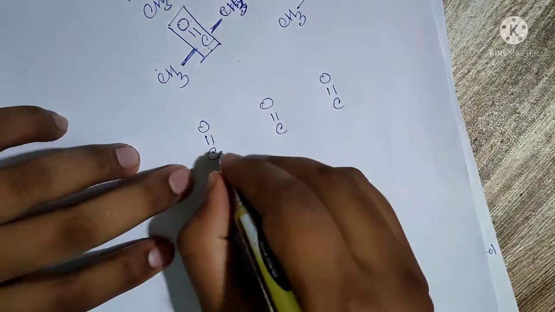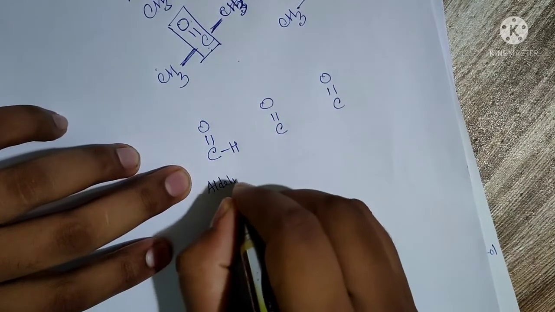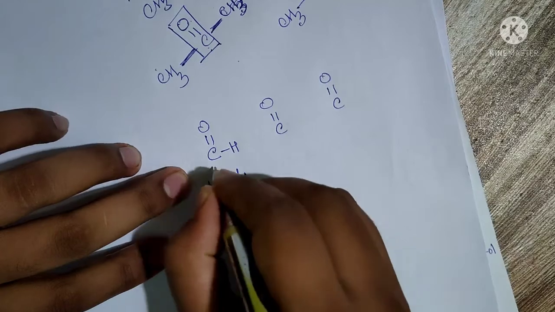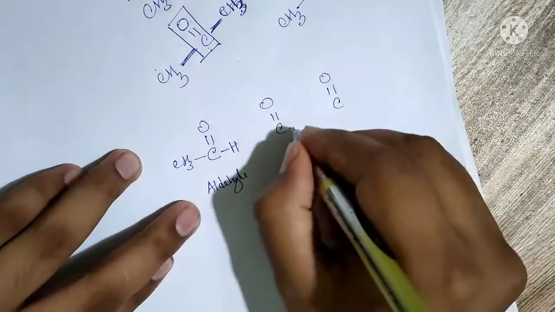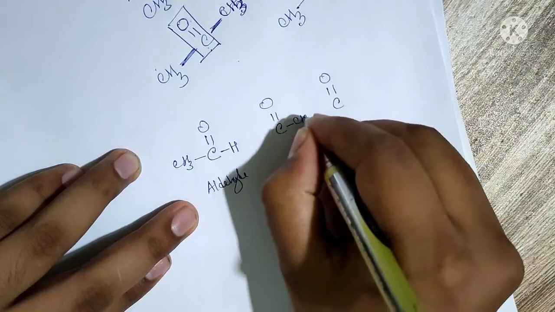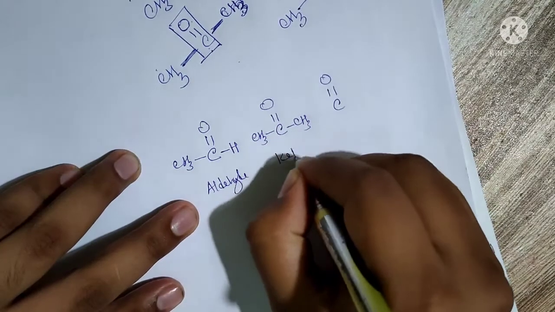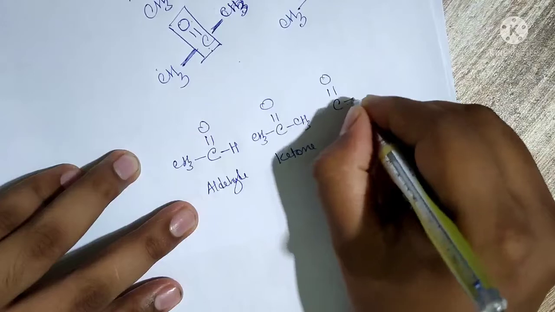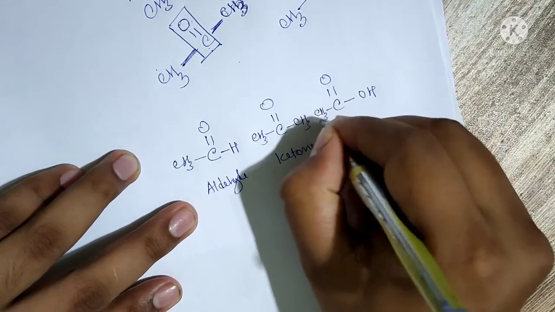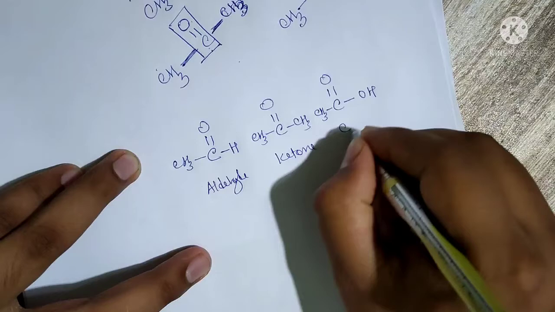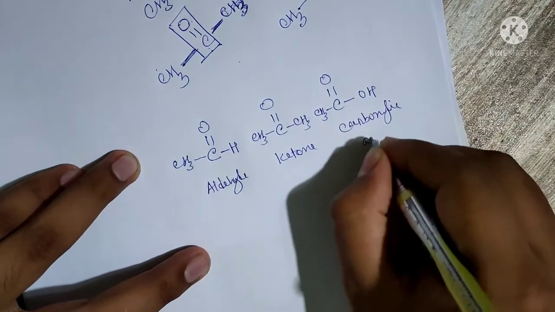Okay, but if one side is blocked by hydrogen, then it is called aldehyde. The other part is suppose methyl or any carbon containing group. And if both sides contain carbon containing groups, then it is called ketone. And if one part is blocked by OH and the other part contains a carbon containing group, then it is called carboxylic acid.